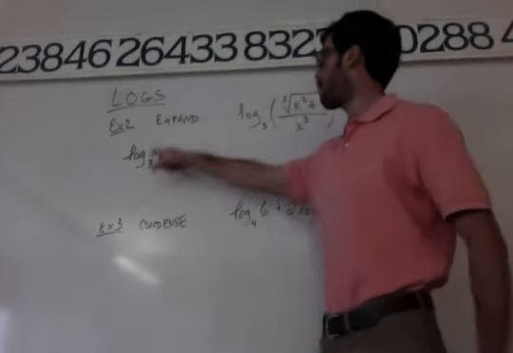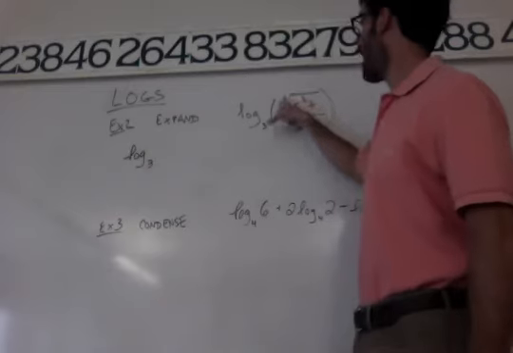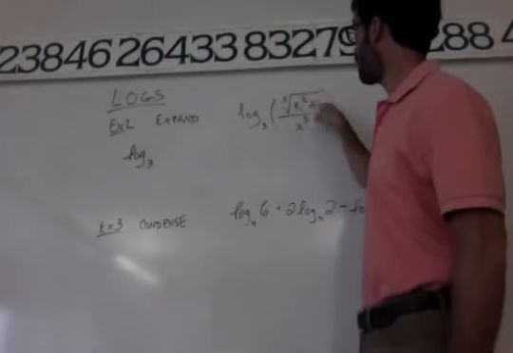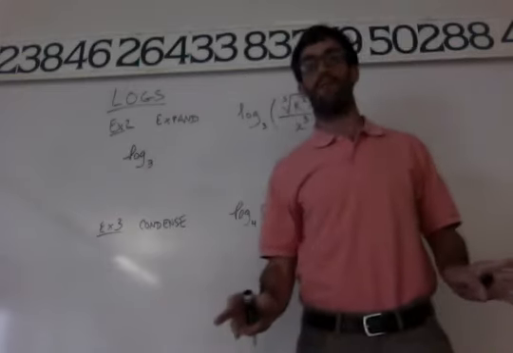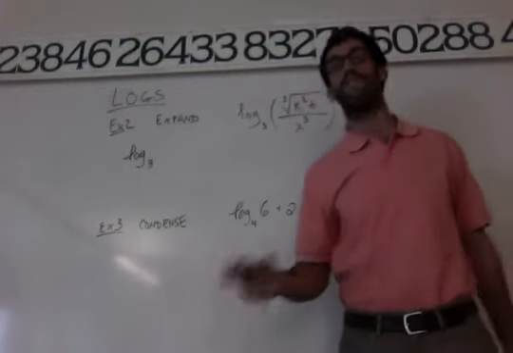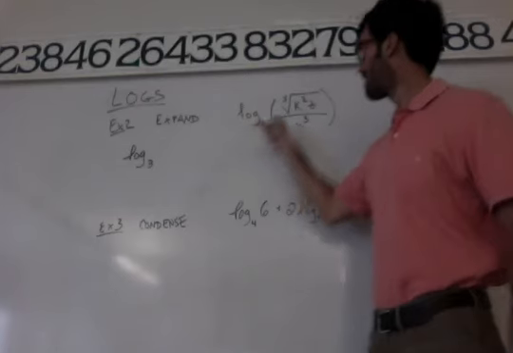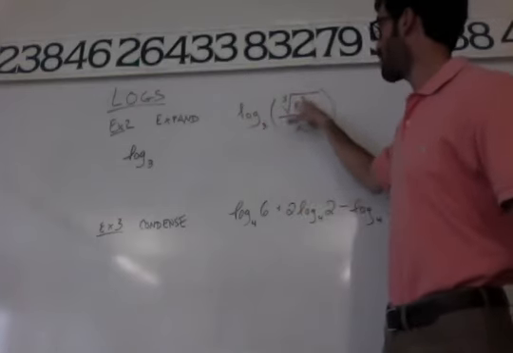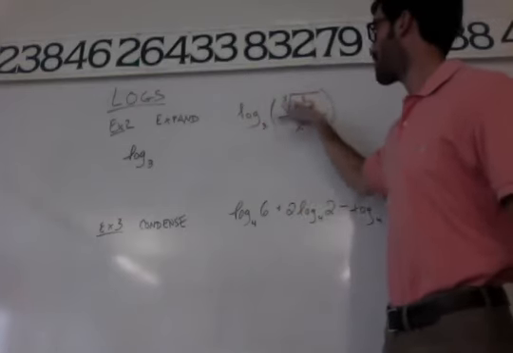Okay, so we have to expand this. We have the 5th root of k squared z. Well, from what you know about radicals and exponents, you should know this k is really being raised to the 2/5 power. It's like k to the 2/5, and then z to the 1/5 on top of this.